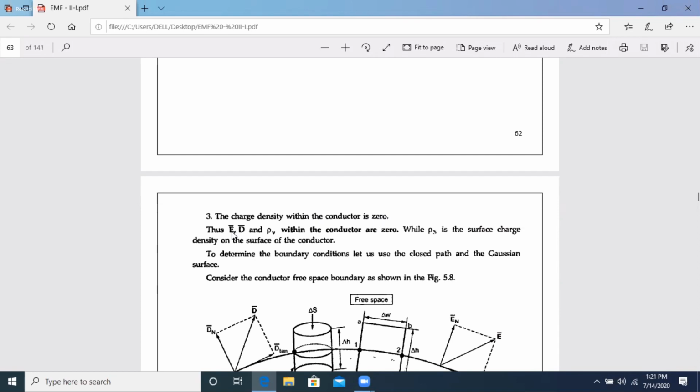Thus, the electric field, the electric flux, the volume charge within the conductor is 0. Charge on the surface is what carries the current. So there is a surface charge density.